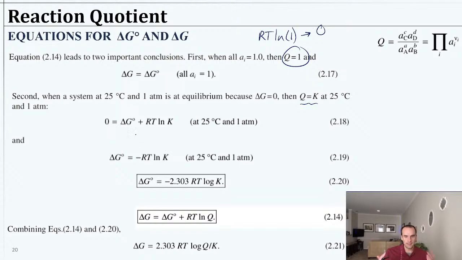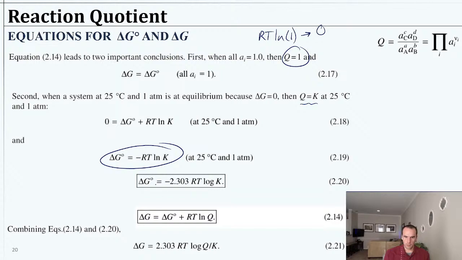Okay, so that's where our key equations for this class are coming from. If we want to change from natural log to log base 10, we have to do some small conversion there. It's not a big deal, but that's just the place where it shows up.